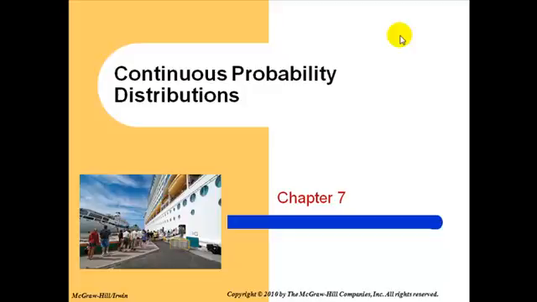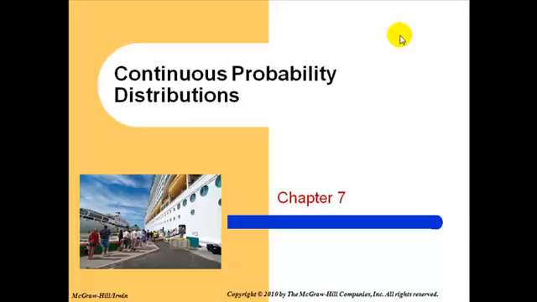Chapter 7. Continuous Probability Distributions. Recall in Chapter 6, Discrete Probability Distributions, we tried to find the probability of a random variable being a certain value, because that is a discrete probability distribution.